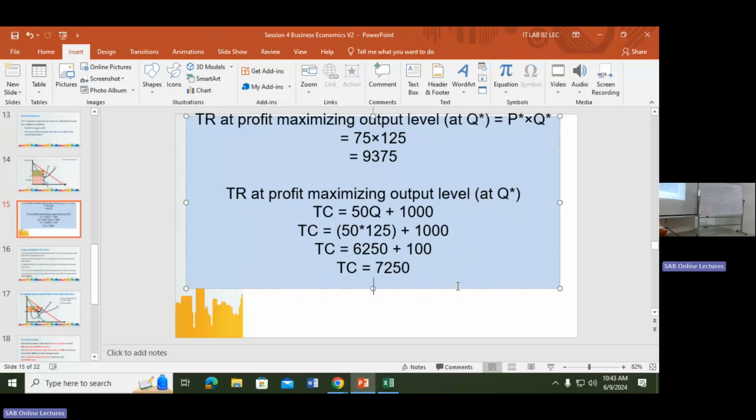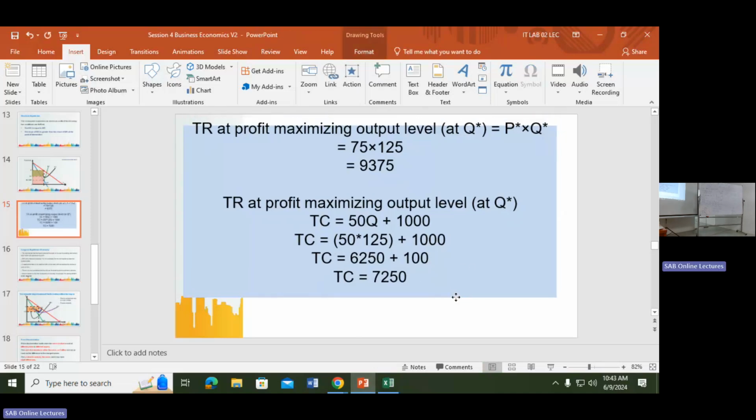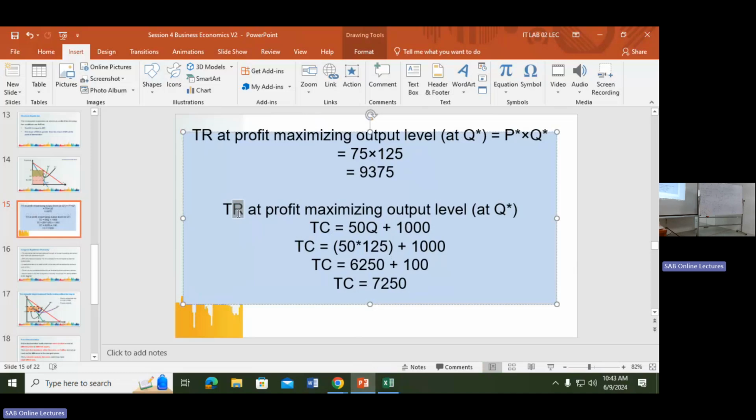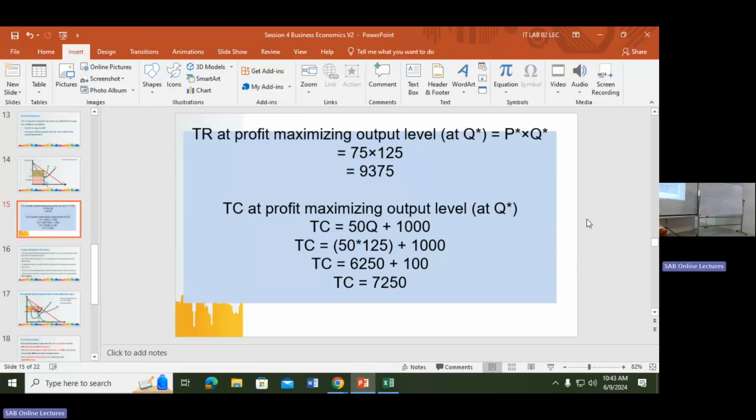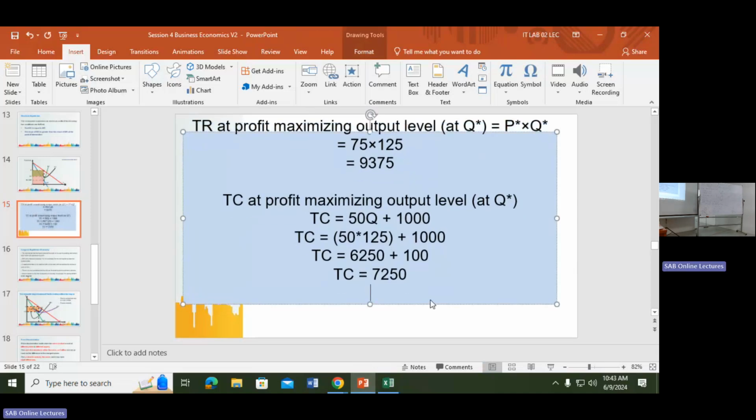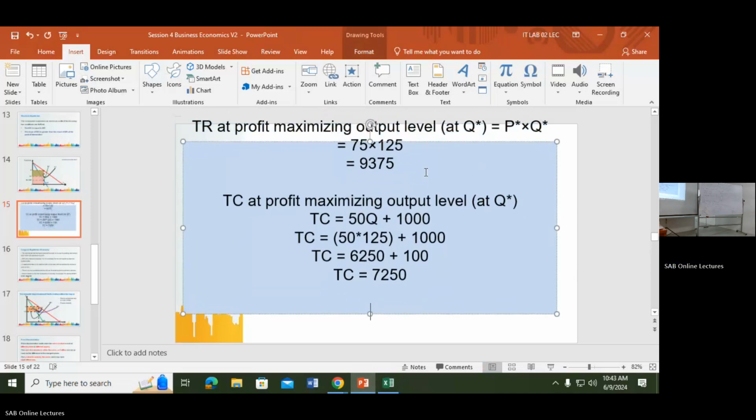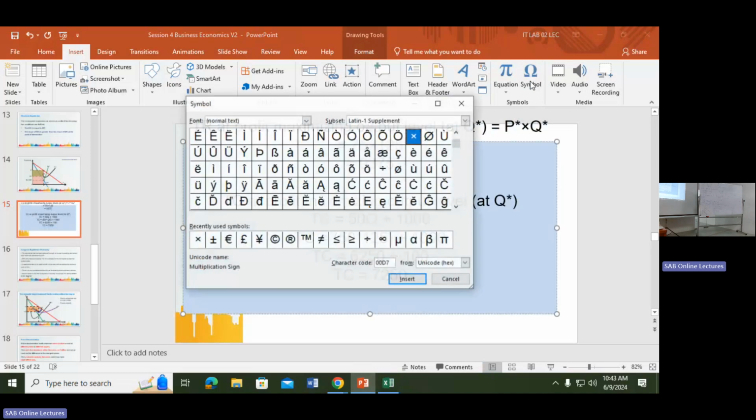So we calculated both total revenue and total cost at profit maximizing output level. Then profit is what? Profit is the difference between total revenue and total cost.